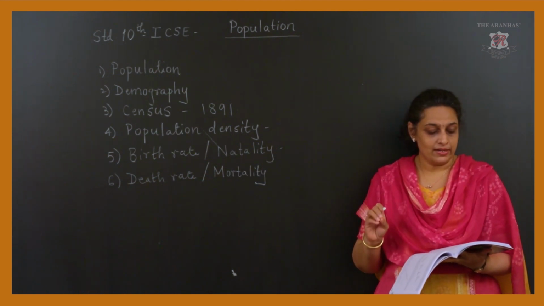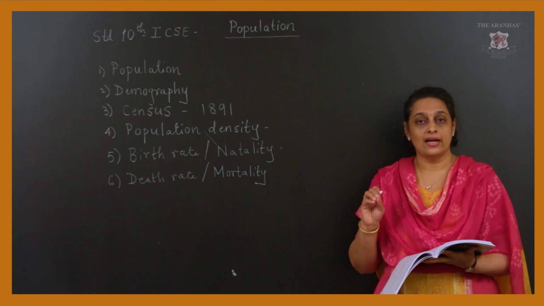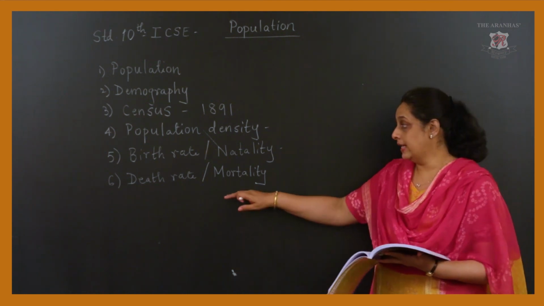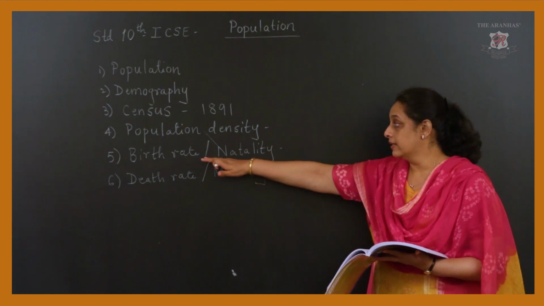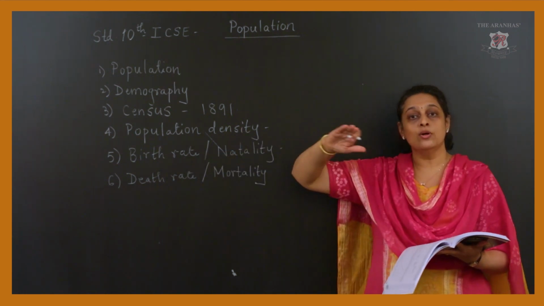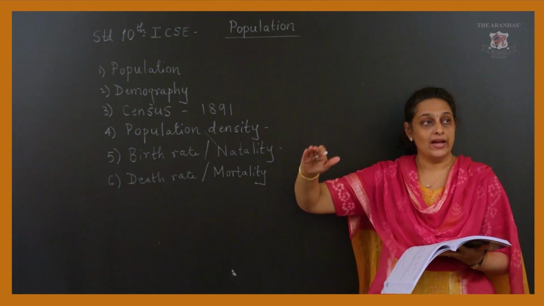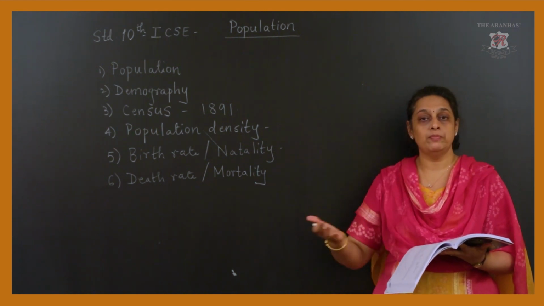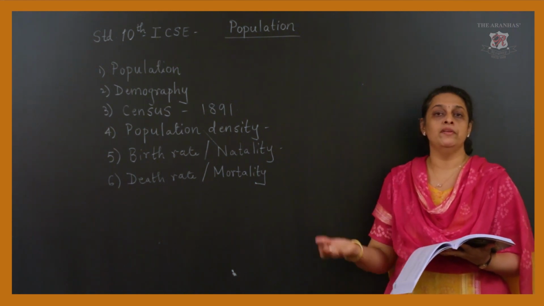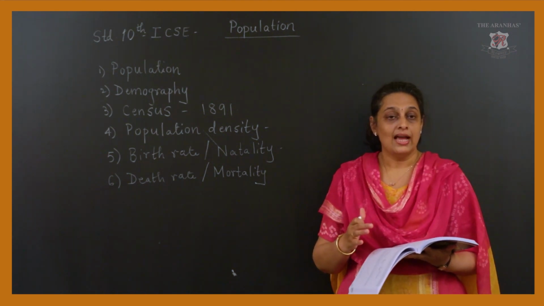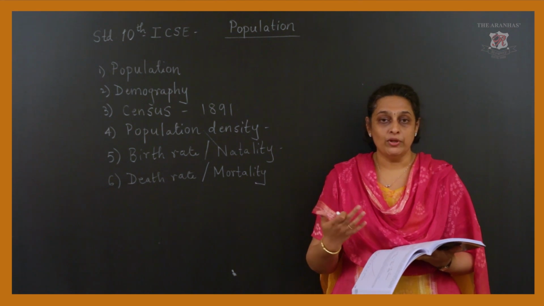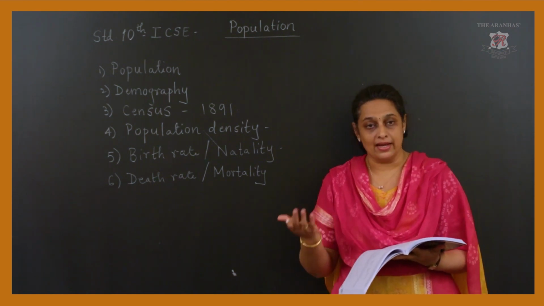So at present, students, let me tell you, in our country death rate has gone down comparatively and birth rate is good, and that's why a large number of new individuals are getting added to the population, and that's why population is growing in India.